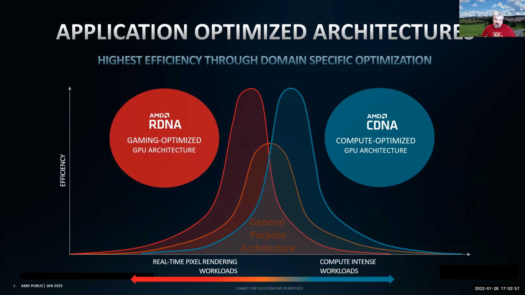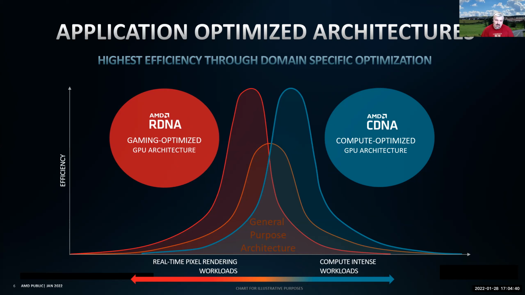So we basically appreciated that, if you build a general purpose architecture that serves both the graphics side of things, a domain and regime that is dominated by frames per second and how well you can draw pictures on a screen, versus the HPC regime where you talk more about the amount of flops or the memory bandwidth that you can have in the system, you can build a general purpose architecture that serves both kind of well, but you could also make a decision and specialize your architectures into one that is optimized for HPC and one that is optimized for gaming or actual visualization.